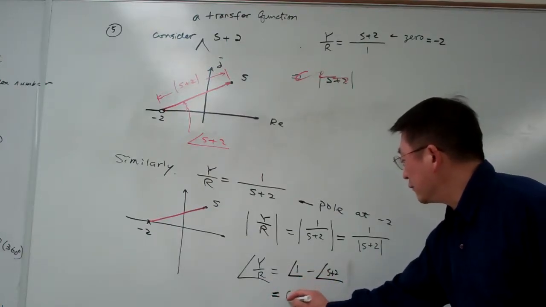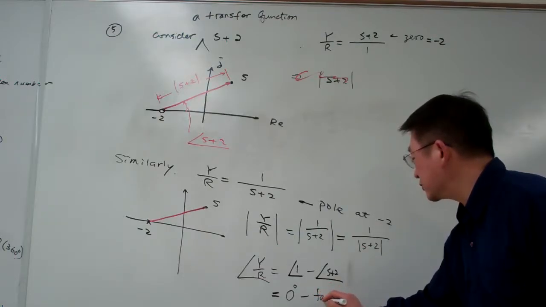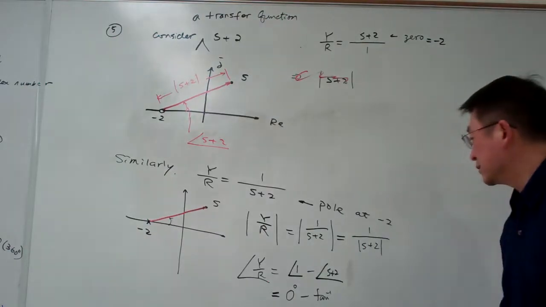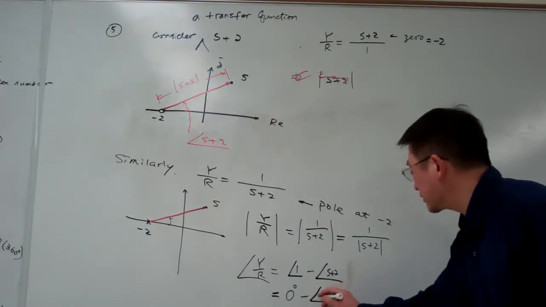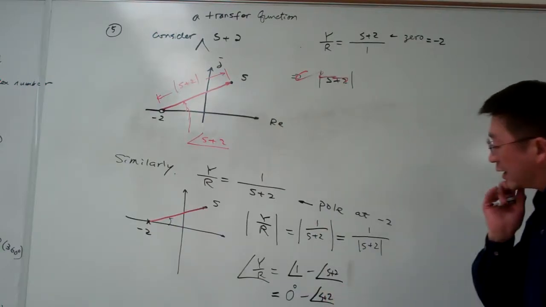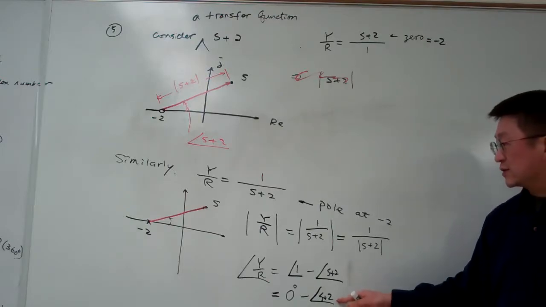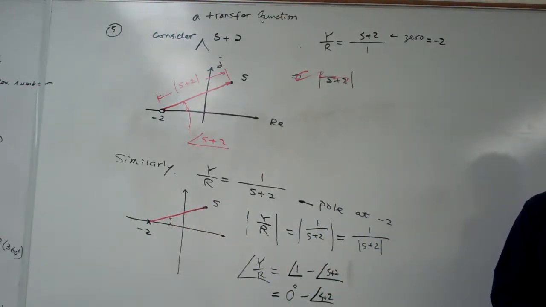The phase angle of 1 is equal to 0 degrees, and this phase angle is equal to arctangent, given by this angle. Here I would say just leave it as the angle of s plus 2. If you like, you can further detail these calculations. This angle is defined by this one. Good.